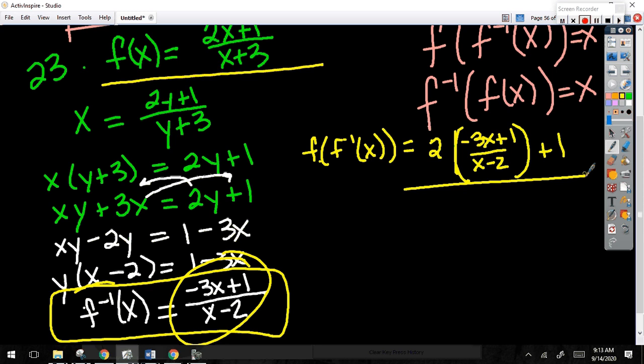My x is the inverse. And then we follow order of operations. You insert the inverse into the original. That's right. Every time there was an x here, I replaced it with this.